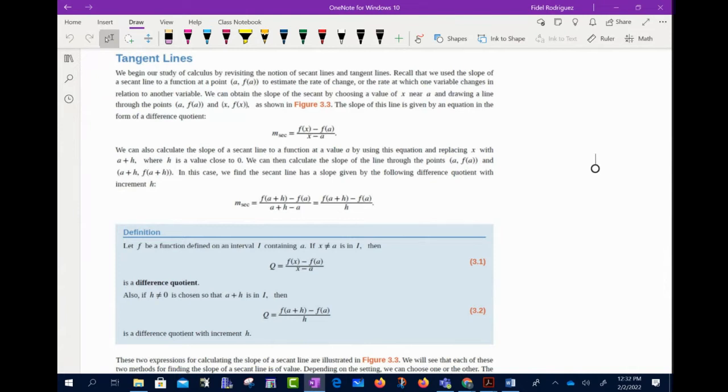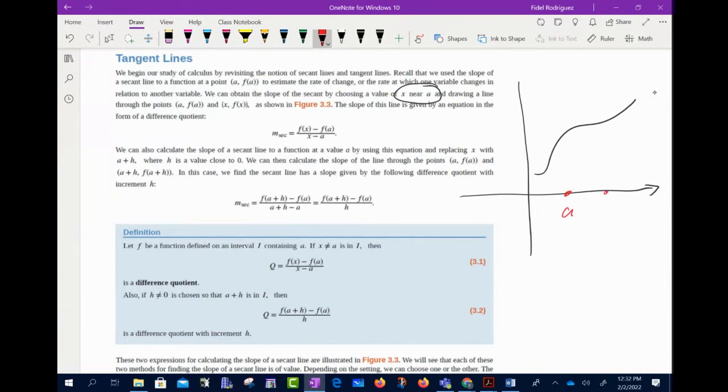So we can find the slope of the secant line by choosing a value of x near our point a and drawing a line through the point. So, you know, we had something like this before. I'm just going to kind of draw a rough graph. Here's my graph, right? And suppose this is a value of a. Here's another value of x.